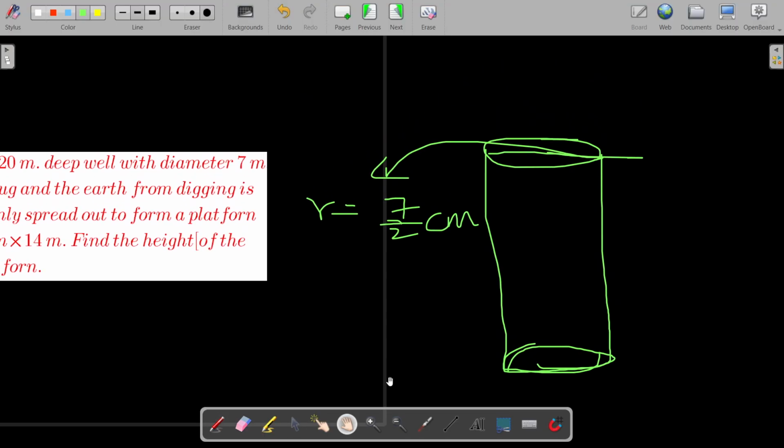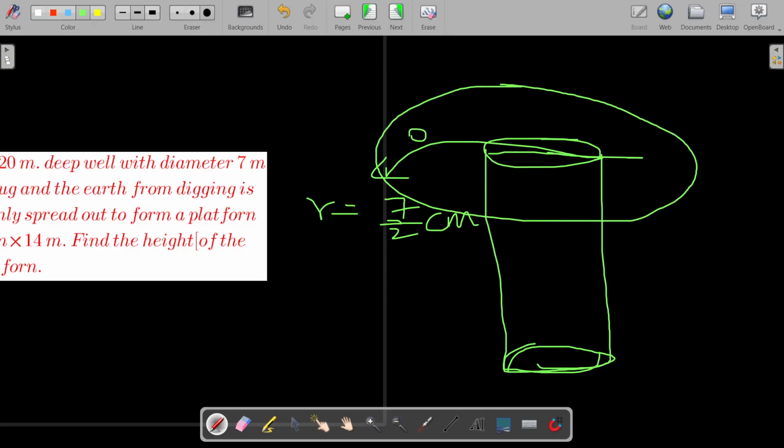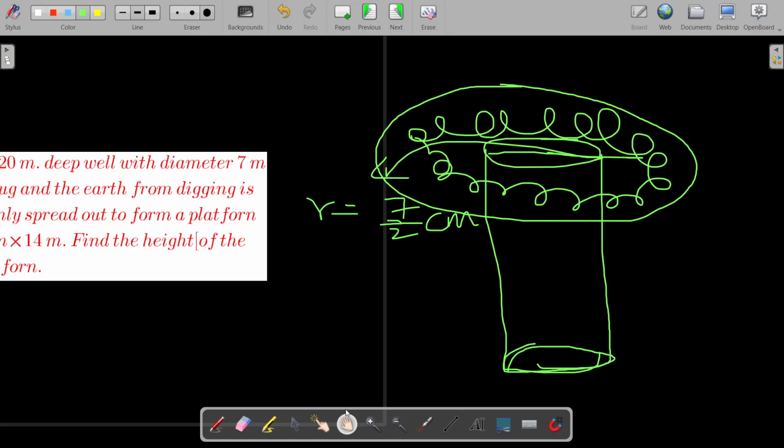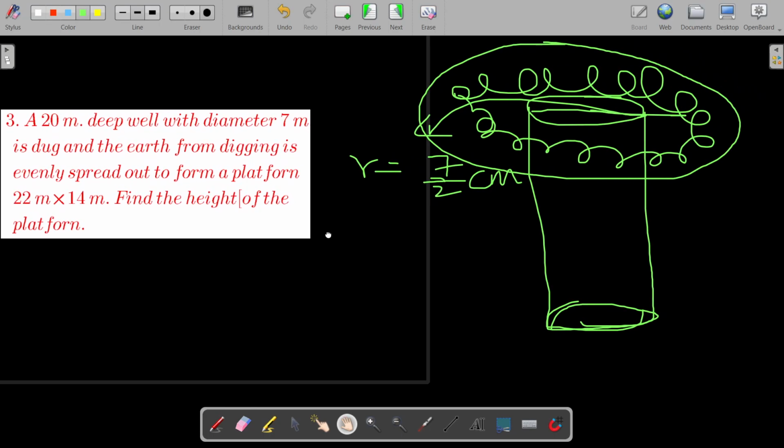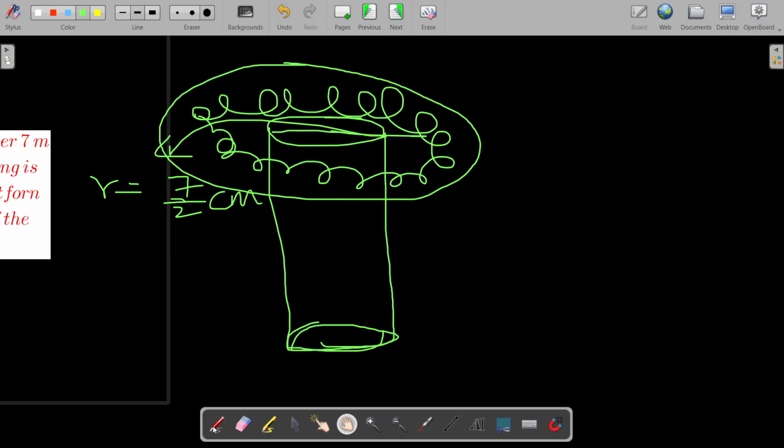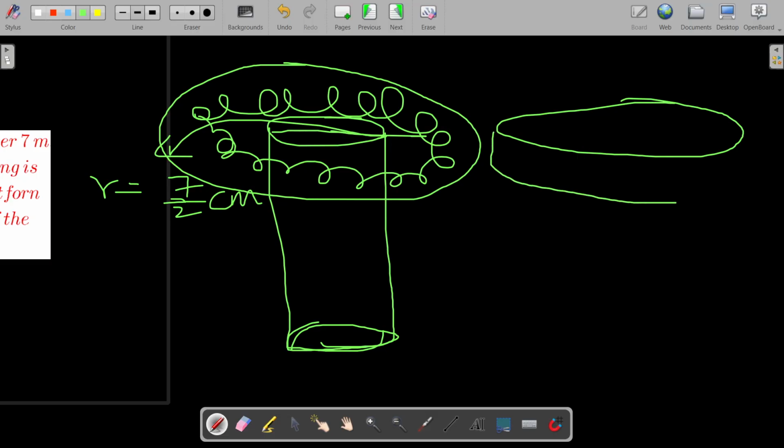The mud we have dug is spread out over the platform, 22 meters into 14 meters. Find the height of the platform. So it is like this, I think.